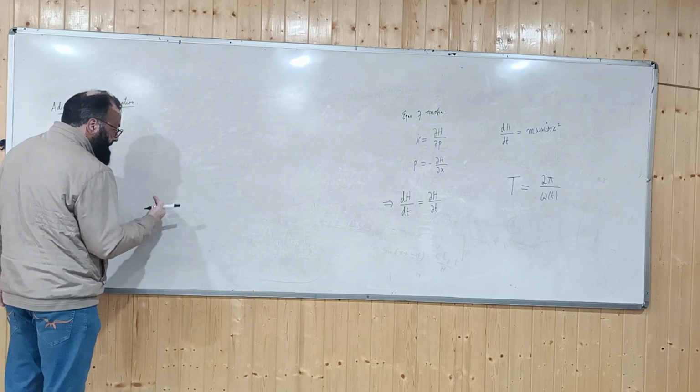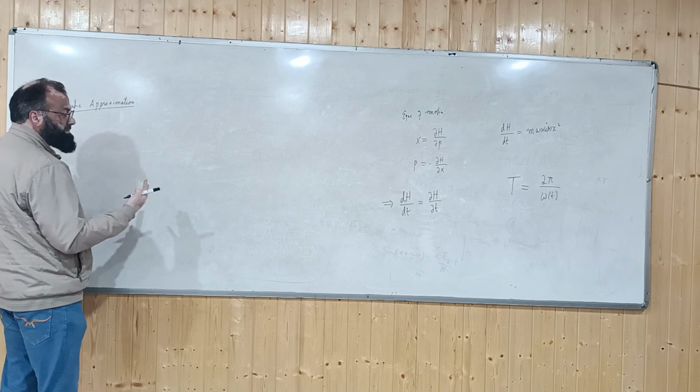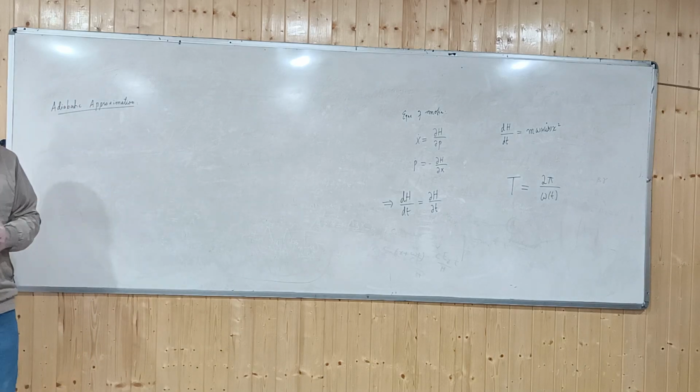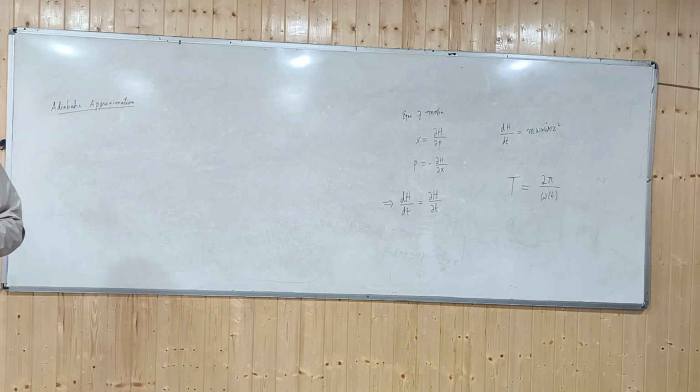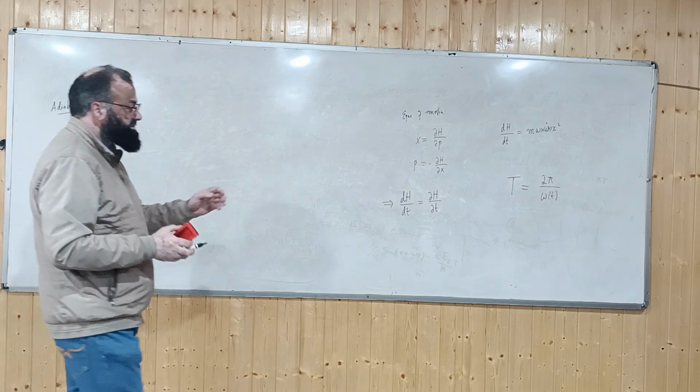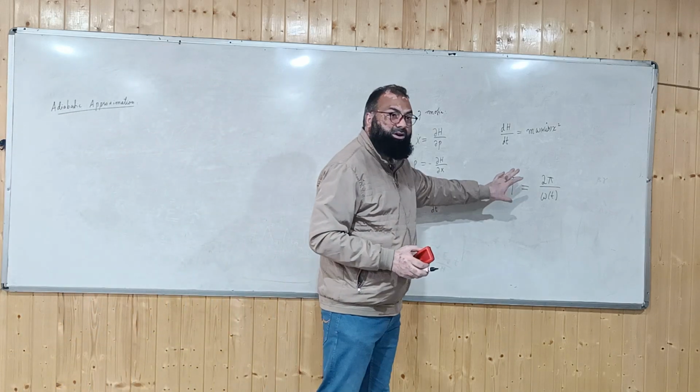Adiabaticity means you evolve the system slowly. How slowly? Such that the time scale on which you expect a change is larger than the intrinsic time scale. Here the intrinsic time scale is actually the time period of the oscillator. Clear?